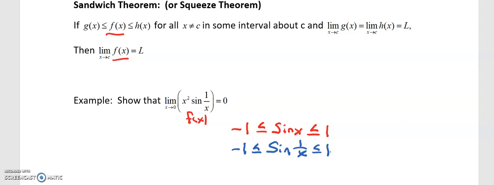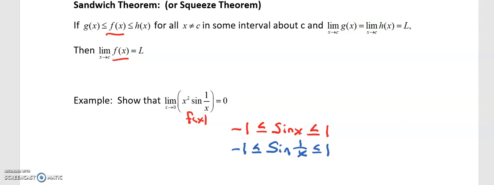The reason why I know that is because the sine of x in red here is really saying the sine of any angle, because remember the sine of x has a domain of all reals. So the sine of any angle, decimal angles, radians, degrees, any angle will be between -1 and 1.